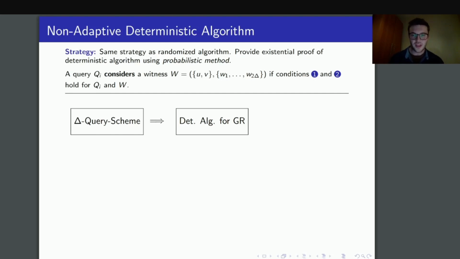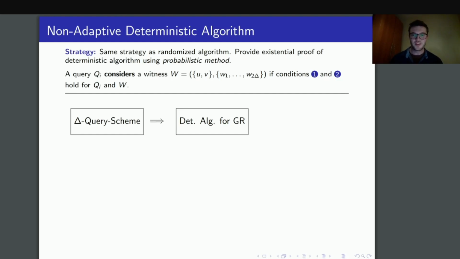Since our set of queries is a delta query scheme, there must exist a query in our set such that U and V are contained in that query, and none of the neighbors of U or V are contained in that query. Because of this, U and V must necessarily be included by the oracle in the maximal independent set corresponding to that query.